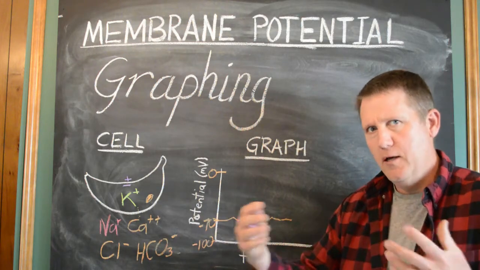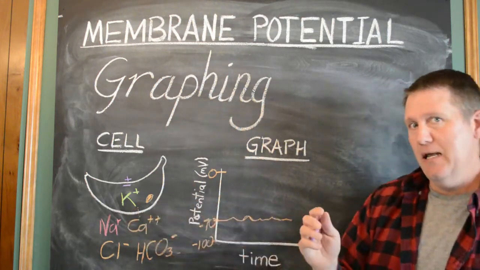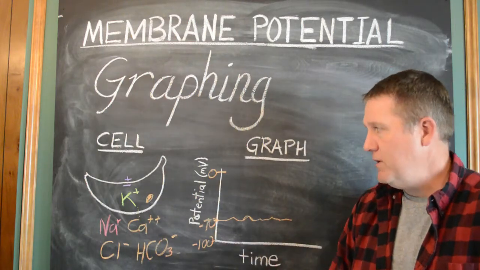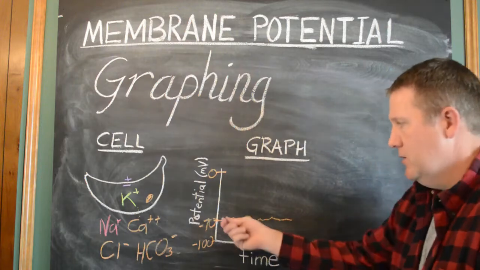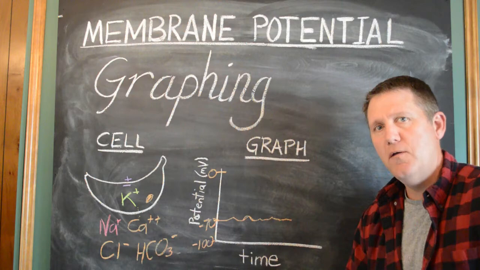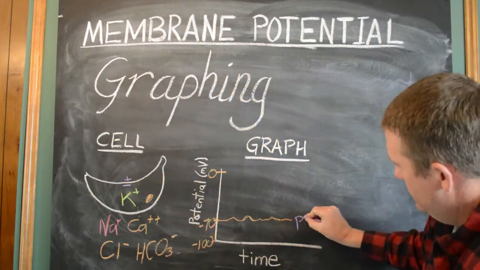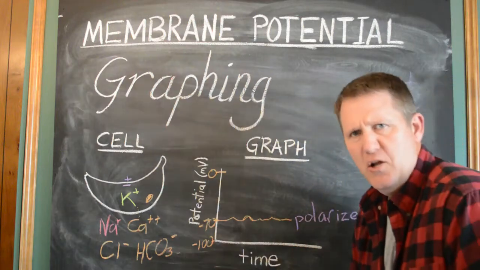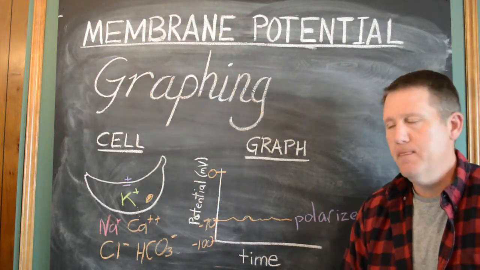So a covalent bond had a positive and a negative. We call that polarized. North and south poles, they're two different areas. Polarized membrane. So at -70, our starting point, we can call that polarized too. So there we go. That's polarized. That's kind of normal for the cell.